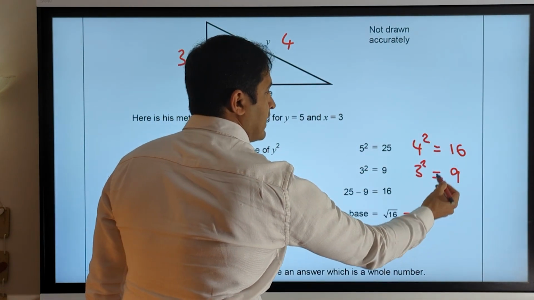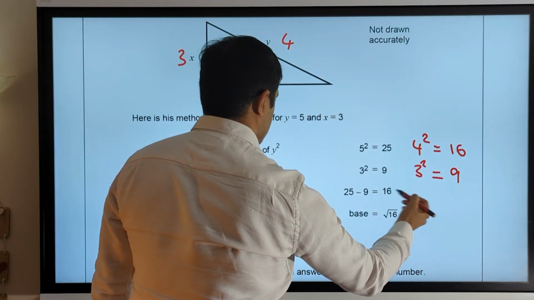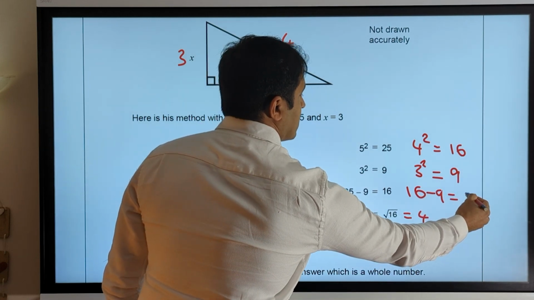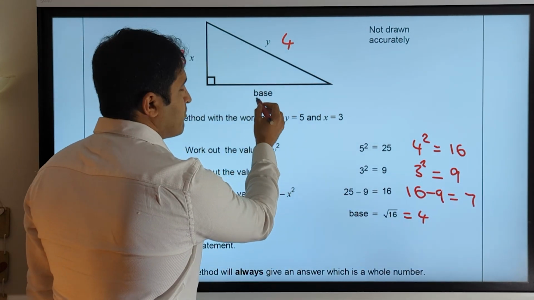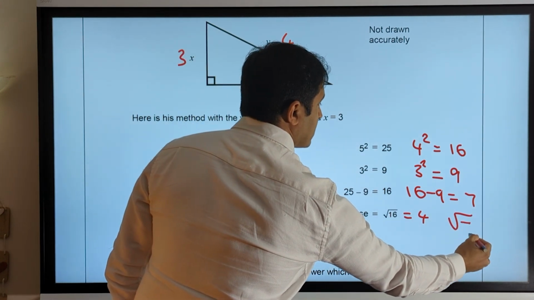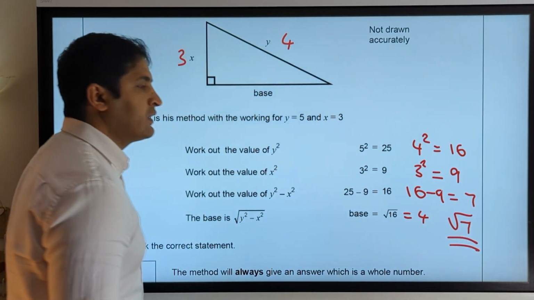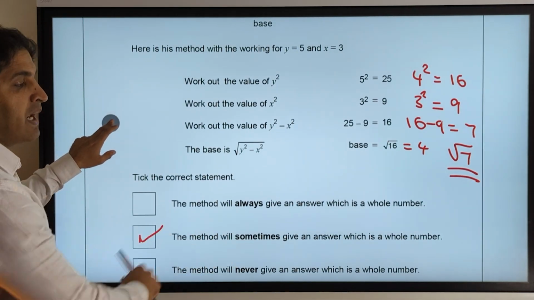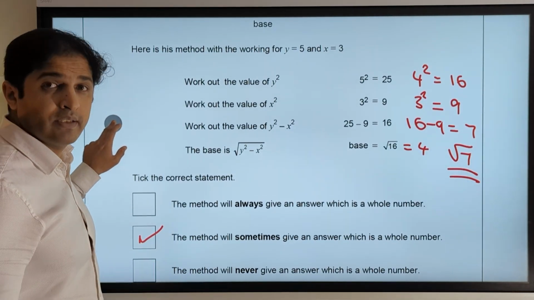So we're doing 16 take away 9. That gives me 7. And then to work out what the base is, we need to do the square root of 7. The square root of 7 is not a whole number. And that's why sometimes it gives you a whole number and sometimes it doesn't give you a whole number.